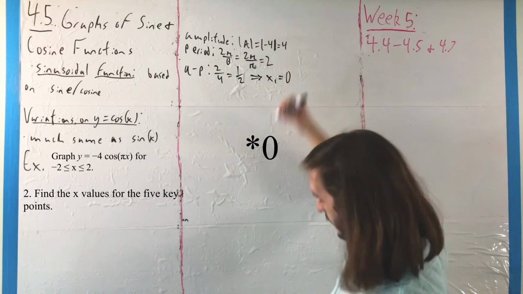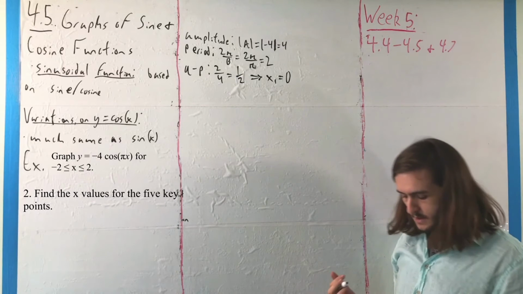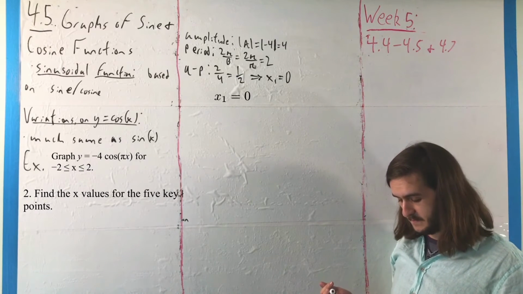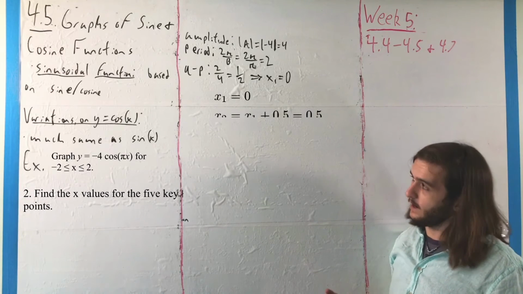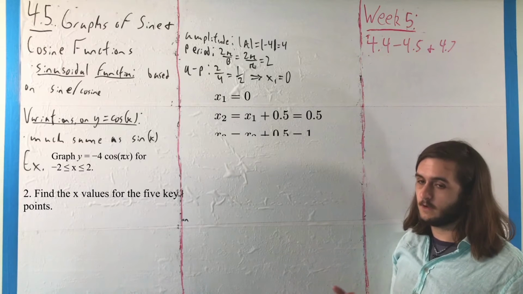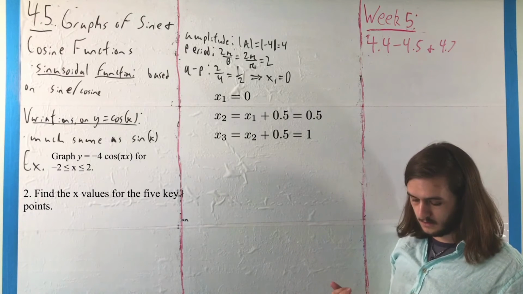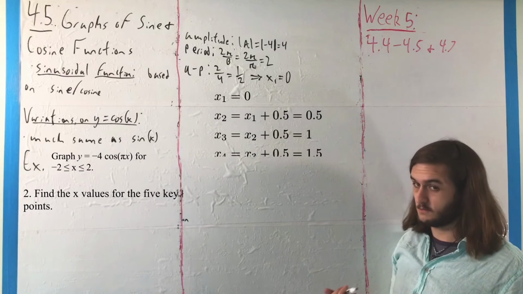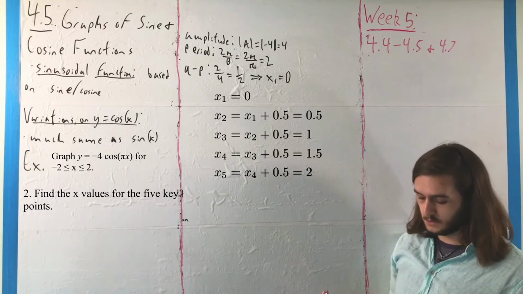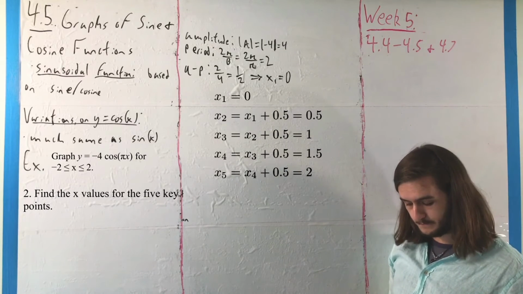Well, x1 is still going to be at 0 because there's no shifts, but for all of our subsequent ones, we get much nicer numbers than usual. We're going to have that x2 is 0 plus 1/2, 1/2. x3 is 2/2, 1. Then x4 is 3/2, and x5 is 4/2 or 2, if you prefer.